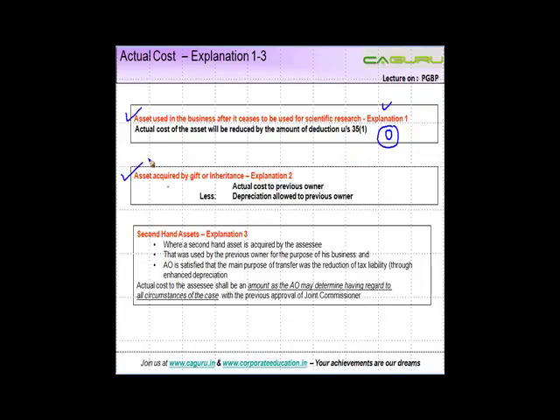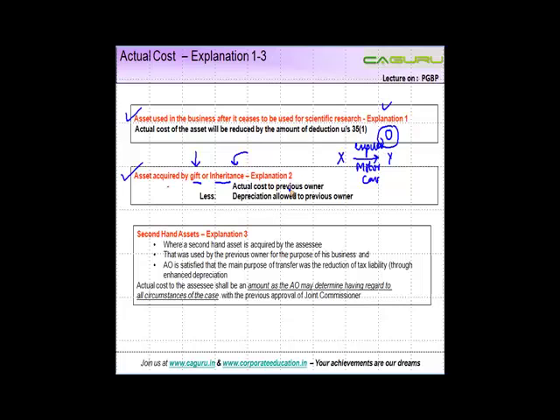Now let's move on to explanation 2. Asset acquired by way of gift or inheritance. Gift, something which is made by one person to the other out of natural love and affection. And second is inheritance. If there was a person X who expired, and suppose he bequeathed, he left behind, let's say, a motor car to his son Y. So what will be the actual cost in the hands of Y of this motor car?